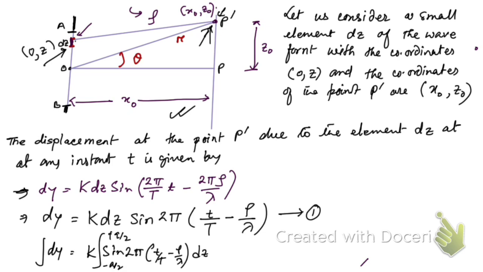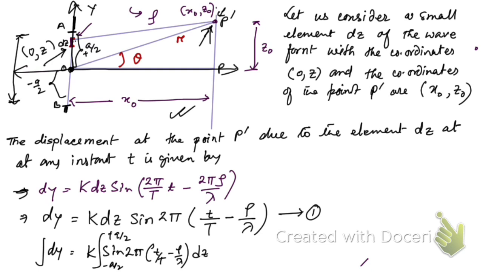Let me explain why. Here you see, this is a, and the part below O is minus a by 2, and above O we're going to get plus a by 2. We will consider this O as the origin of a Cartesian coordinate system, x axis, y axis, like this. This is y dash, this is x dash.